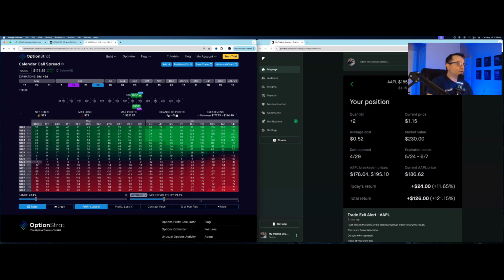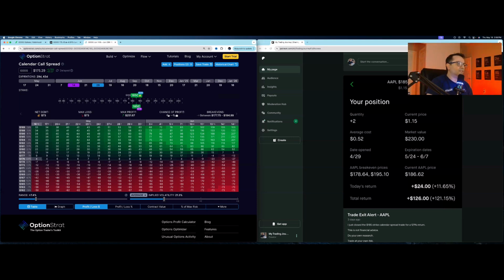So you see how as time goes on, if Google stays right around where it's at, or even if it dips a little bit, you're not getting that close to your max loss. Your max loss isn't going to happen for another 6 weeks, or until the expiration of the first leg, the closest leg of the option trade.